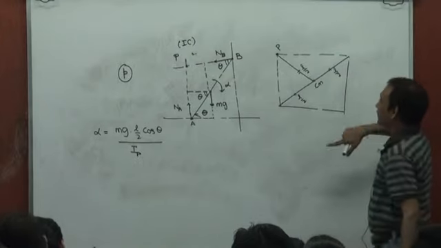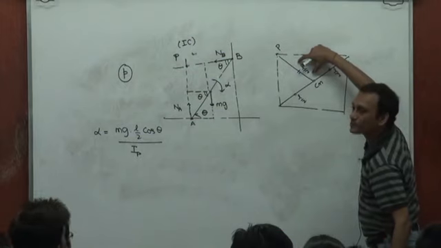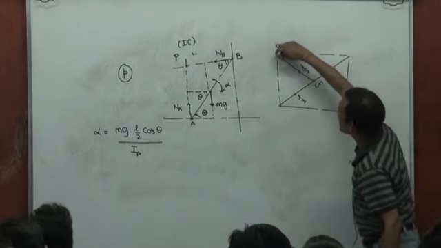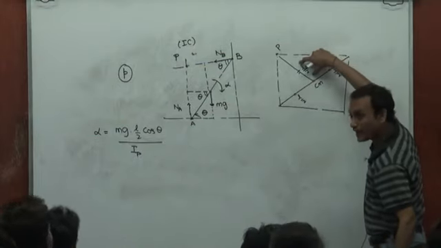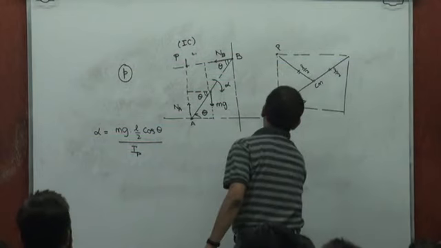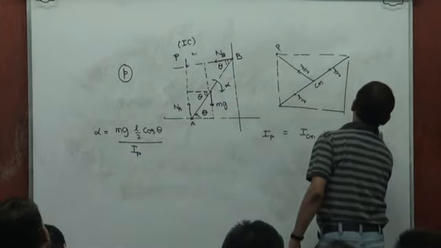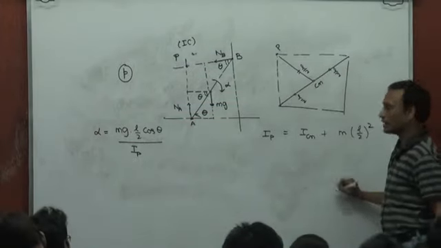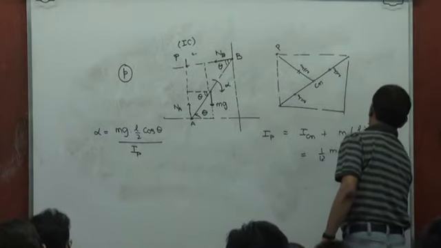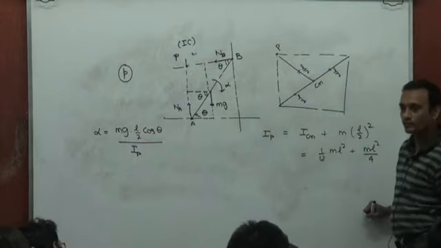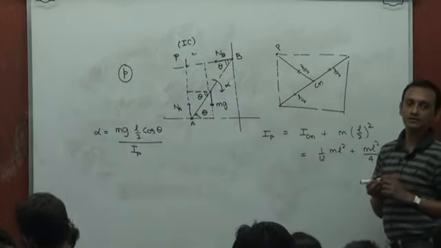So then, I about P is going to be I about the center of mass plus m into L by 2 squared, isn't it? I about this axis is going to be I about the center of mass axis plus m into L by 2 squared. And I about the center of mass is mL squared by 12. You can plug that in and calculate the value of alpha.